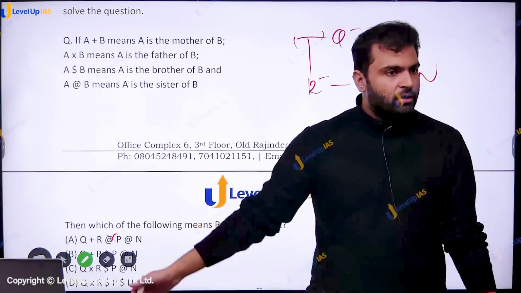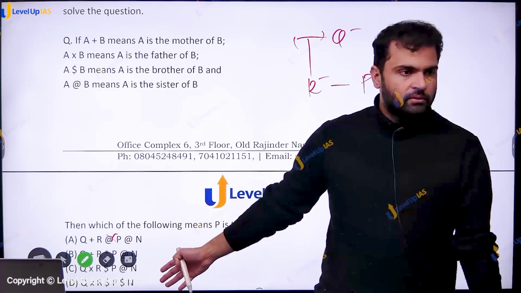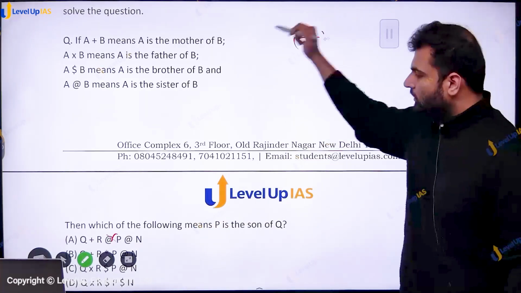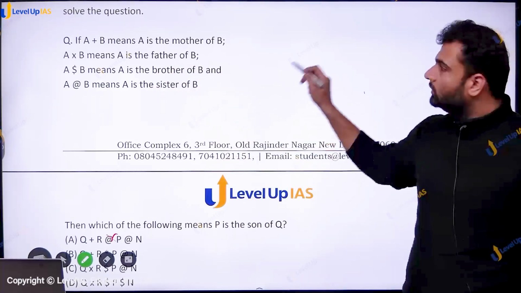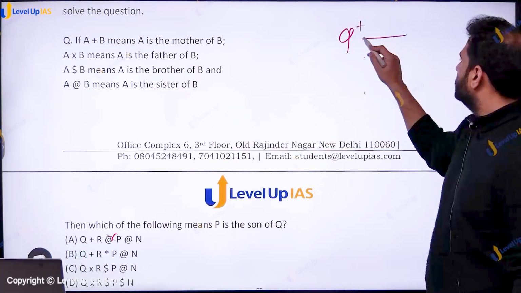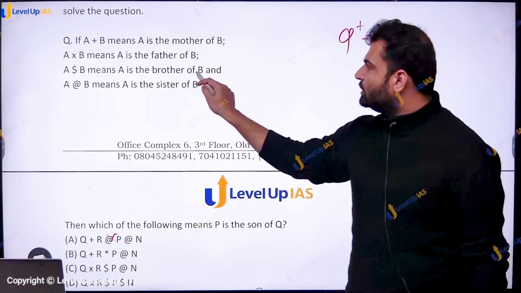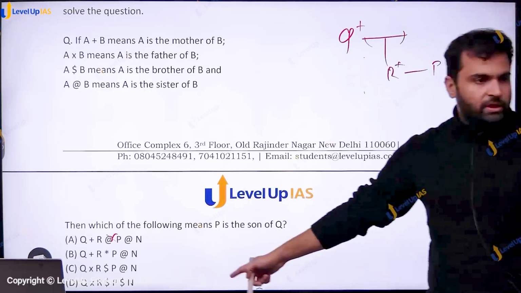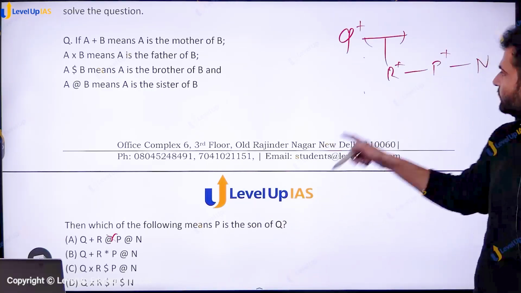In this way, you can draw the family tree for other options. For option D, which is the answer: Q cross R means Q is father of R. Then R dollar P, R is brother of P. And P dollar N, P is brother of N. Does this mean P is son of Q?